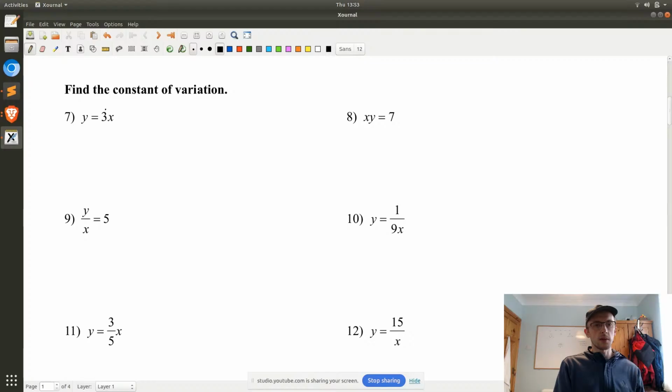In this case, 3 is known as the constant of variation. Putting it in the standard form like that, y equals 7 over x, 7 is the constant of variation. y equals 5x here, so 5 is the constant of variation, and it's a direct variation.